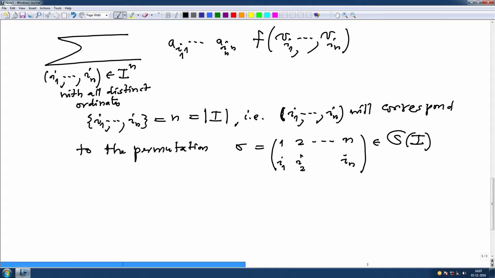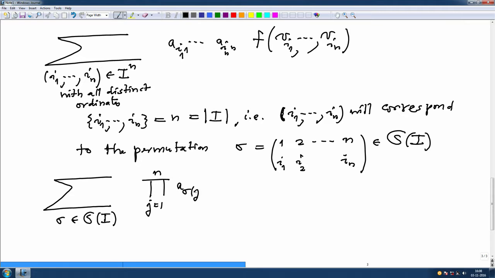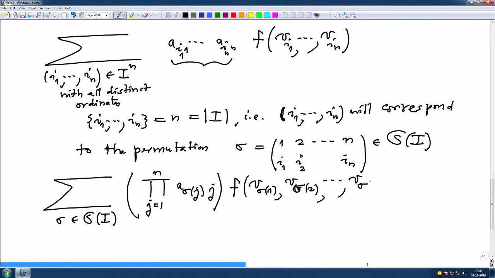So, this sum is nothing but a summation. Now, instead of the tuple notation, I will write sigma in S_I, and then this is a product, the product running over j from 1 to n, a sigma j j, times f of V sigma 1, V sigma 2, ..., V sigma n.